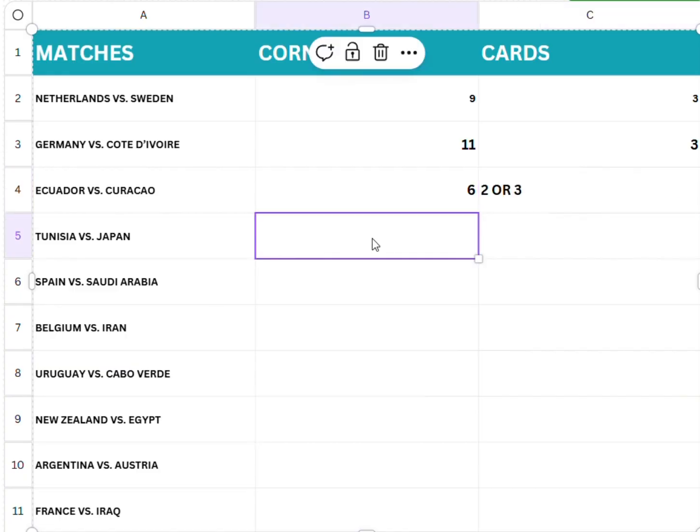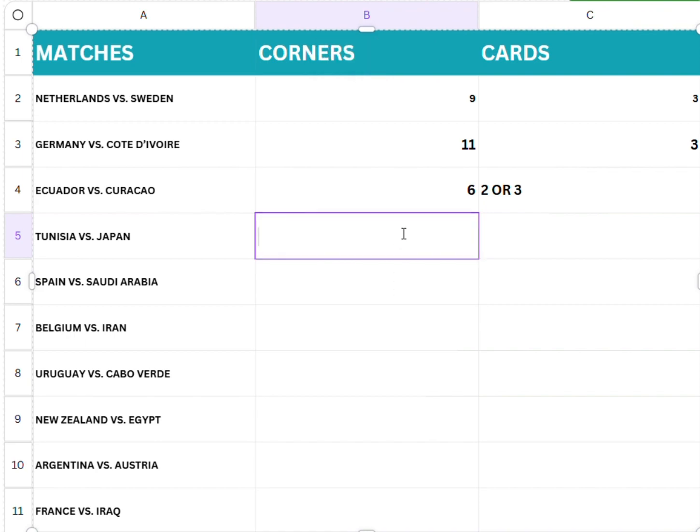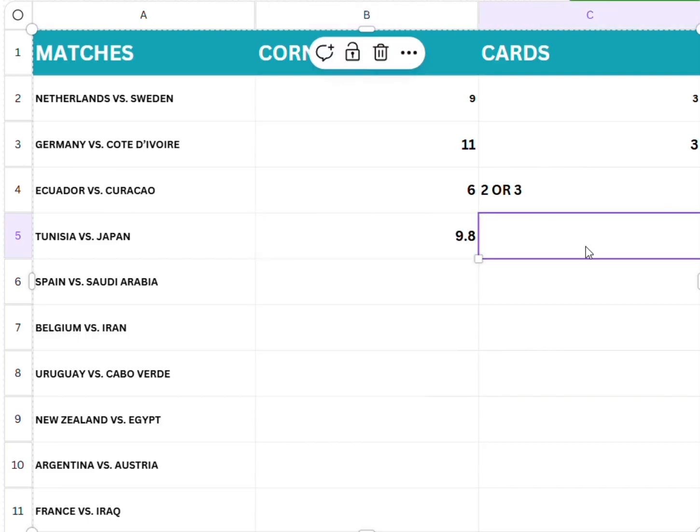Average 2 or 3. Tunisia versus Japan, Tunisia averages 4.7 corners in their matches, while Japan 5.1. So 4.7 plus 5.1 is 9.8. We're expecting about 9.8, so let's say about 10 corners.